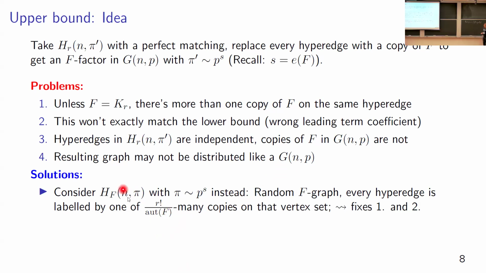And then you include each of these hyperedges independently with probability pi. Yeah? So now if I look at H_F and I look at one F-edge in there, I know exactly which copy of F this should correspond to in G(n,p). And actually, this will also fix the second problem, because it turns out that to make this work, this pi needs to be slightly different from this pi prime. I'll say a few words on this later.